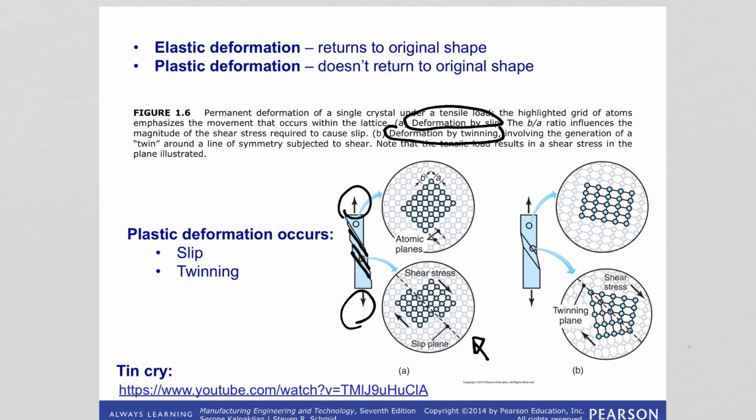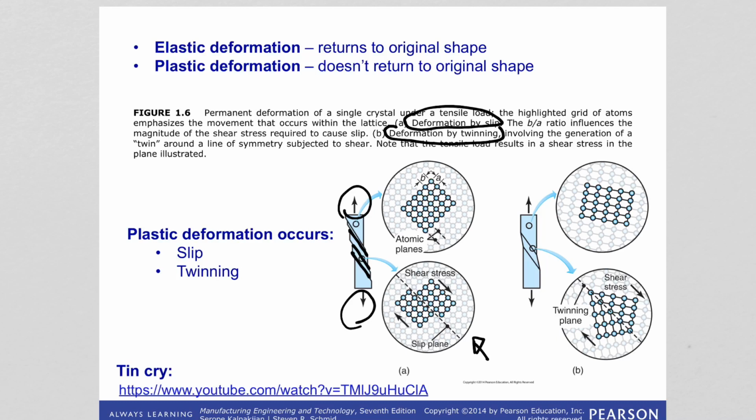Therefore, it starts inside the most atomically packed planes, and these planes will be different for different types of crystal structures. So FCC, BCC, those all will have different atomic planes where the shear actually starts. So think about this as sliding of playing cards against each other.